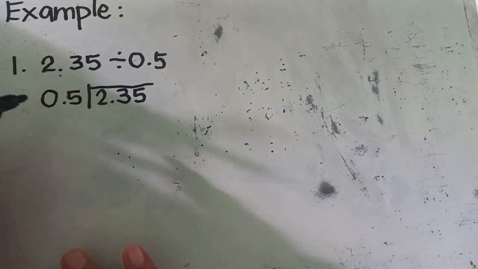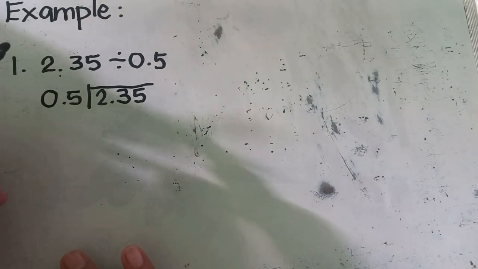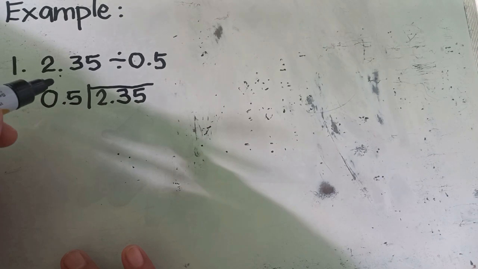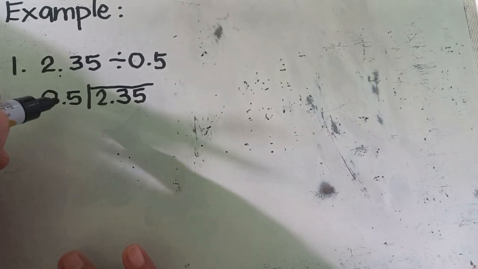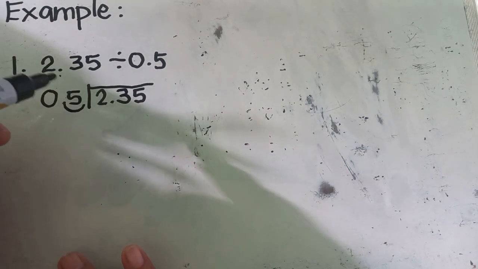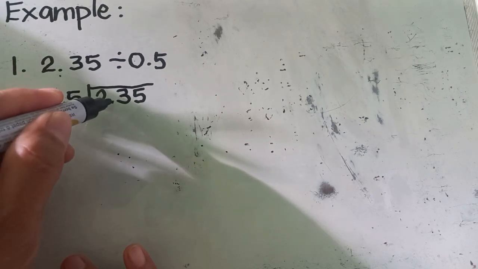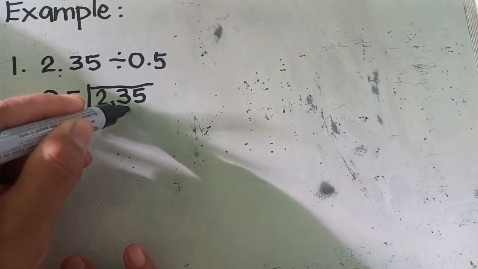So gawin nating whole number ngayon ang ating divisor. Sa paggawa niyan, we will just simply move the decimal point from left to right, like this, by 1. Pag ginawa natin yan, gawin din natin yan sa ating dividend. So move din tayo ng 1 papunta sa right.